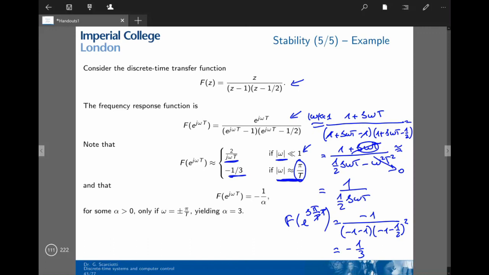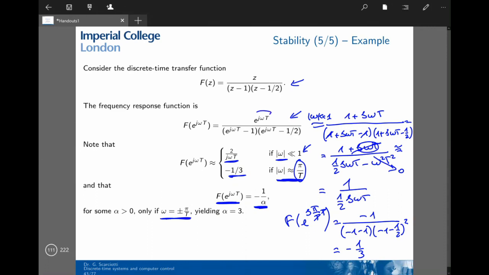Then the last bit of information that is important is that we notice that this frequency response is on the real axis, on the negative real axis, only if omega is plus minus pi over capital T. Okay. So this is important information. Why is this true?